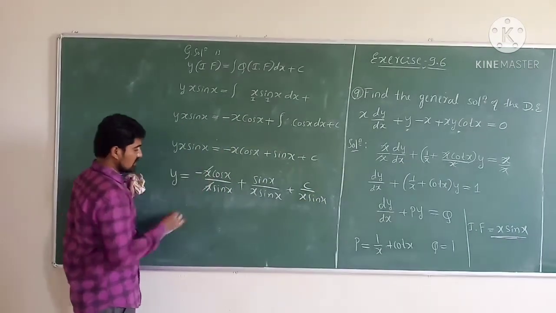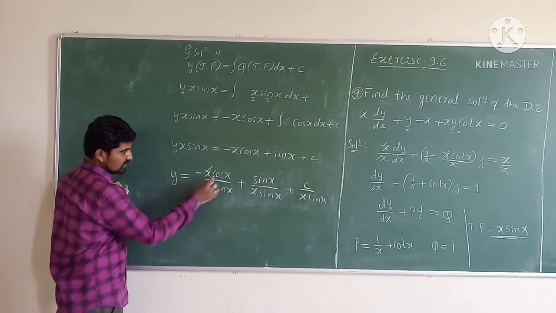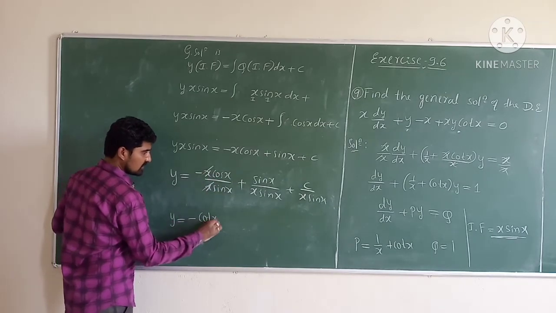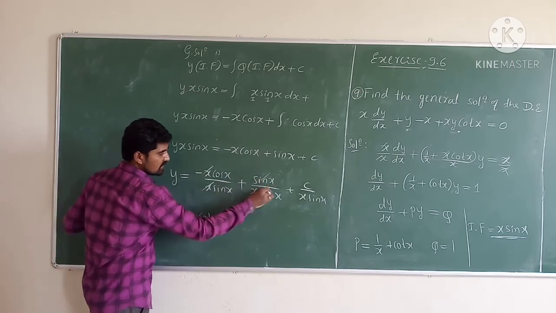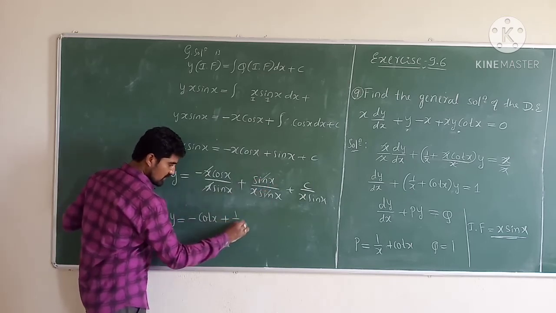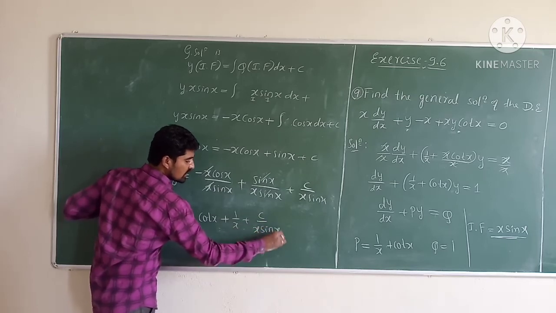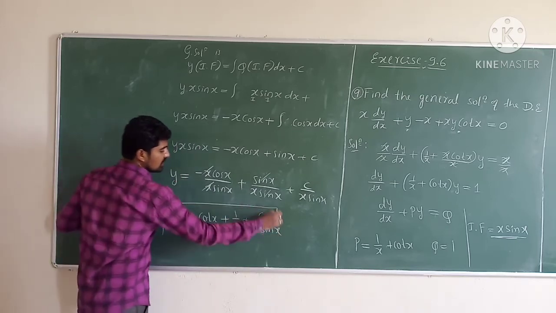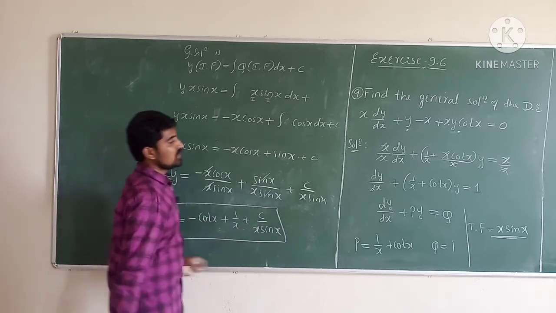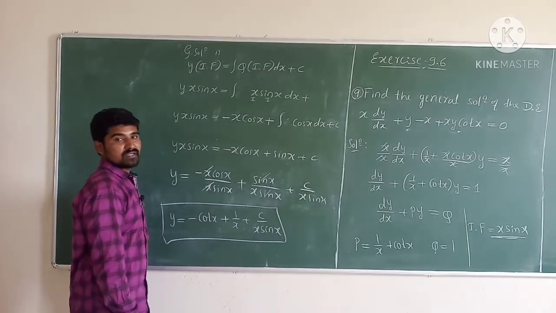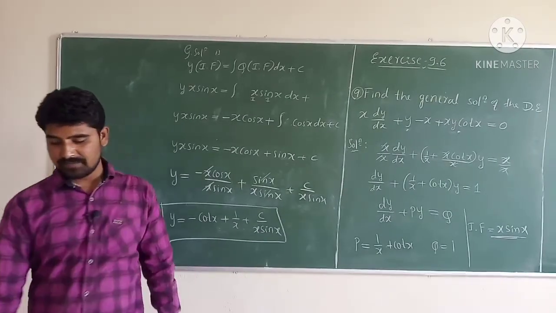Now x sin x gets cancelled, therefore the value of y is minus of cos x divided by sin x, which is cot x, plus sin x and sin x get cancelled, 1 by x plus c divided by x into sin x. And this is the required general solution for the given differential equation. I hope all of you understood. If possible, take a note.